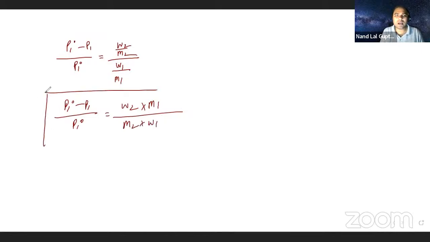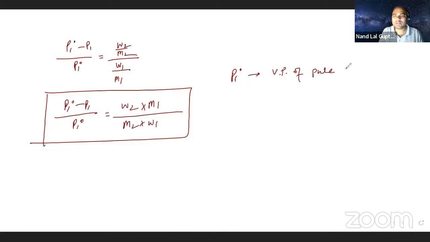Now, P1 naught is the vapor pressure of pure solvent. And P1 is the vapor pressure of solvent in solution.